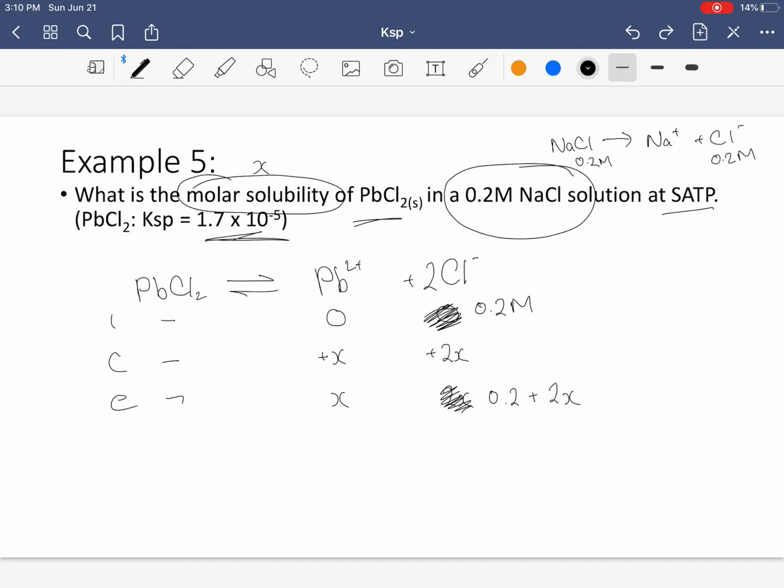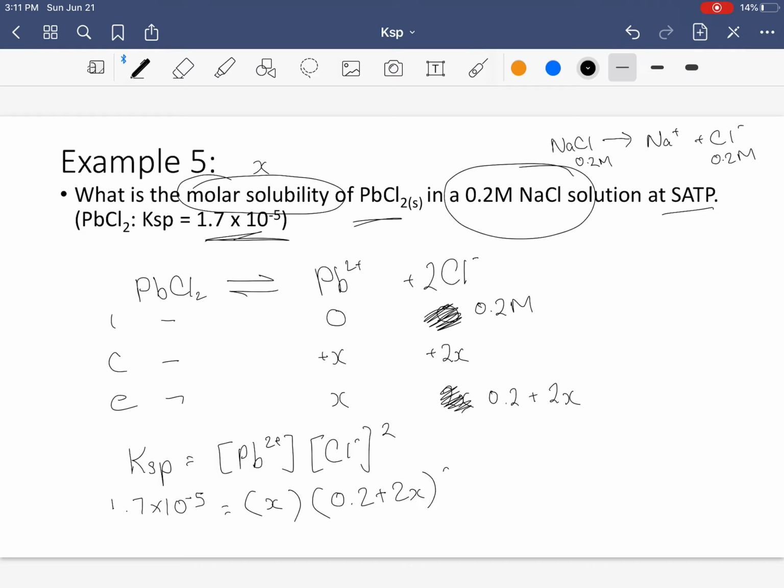And again, Ksp is equal to Pb 2 plus times Cl minus to the power of 2. So that's 1.7 times 10 to the power of -5, an ugly looking -5, is equal to x times 0.2 plus 2x squared.